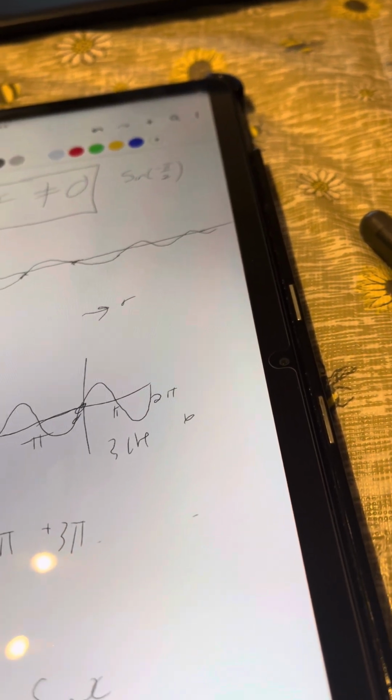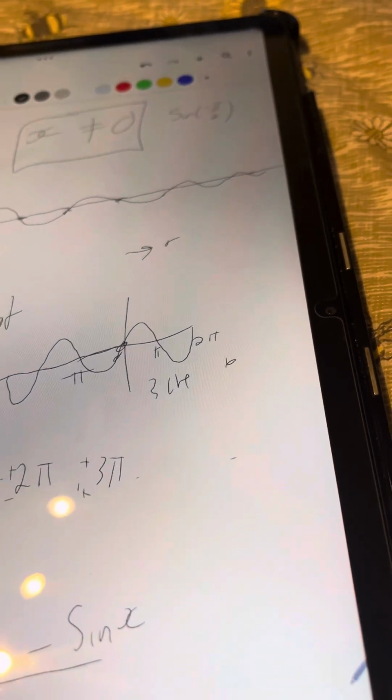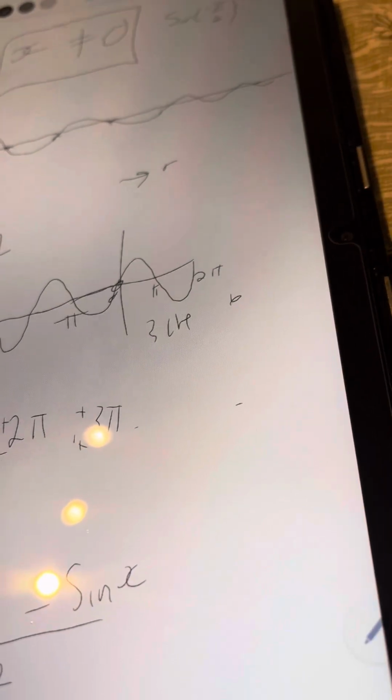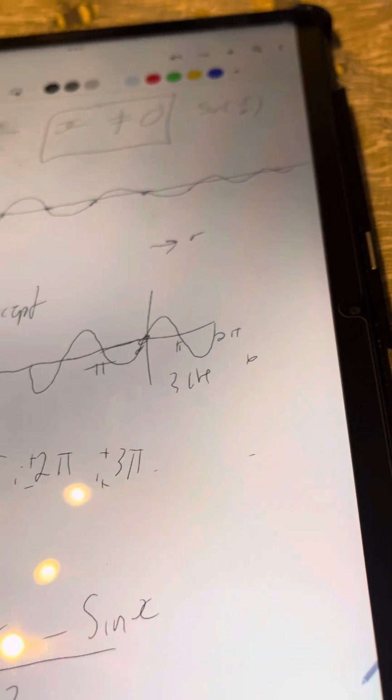I'm not sure about the -1 side, but it makes sense why it's up to 1 and not beyond. So I got that part.